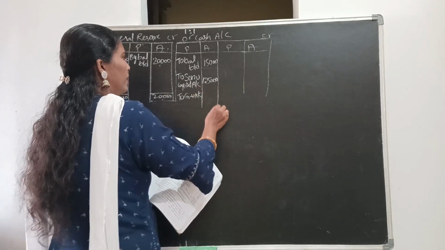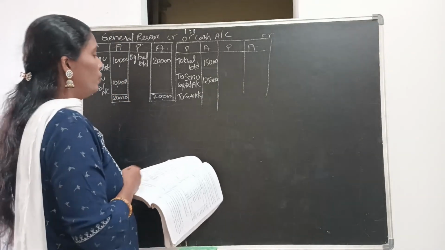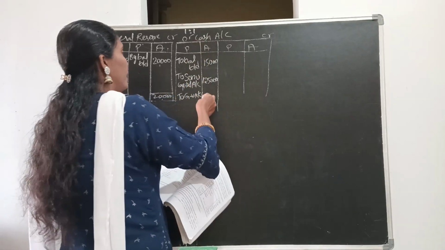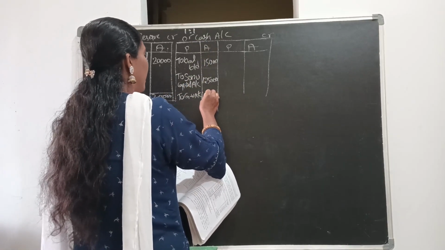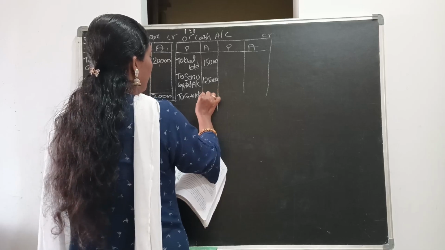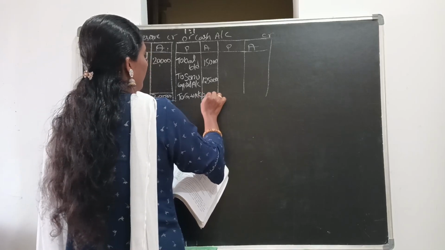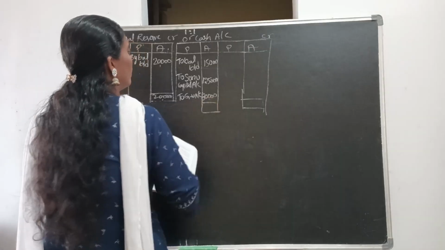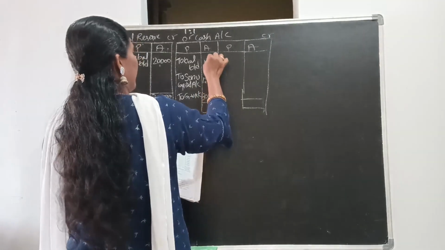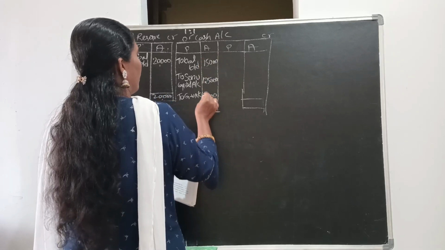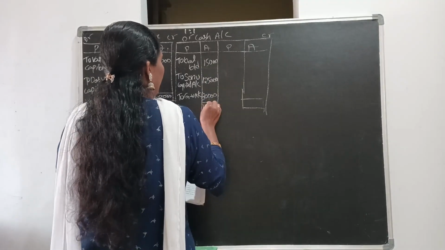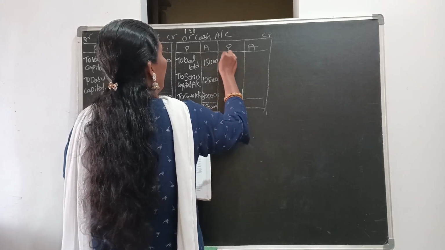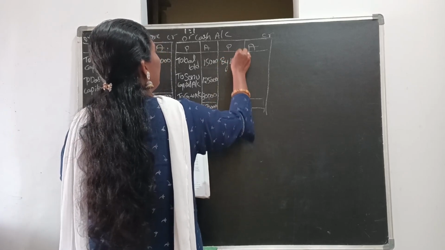Next, goodwill. You know the journal entry: cash account debit to goodwill. Cash is coming into the business, so we are preparing cash account debit to goodwill account. The goodwill amount is 30,000. Now make the totals. The total is 1,25,000 plus 30,000 plus 15,000, which is 1,70,000, the balance carried down.